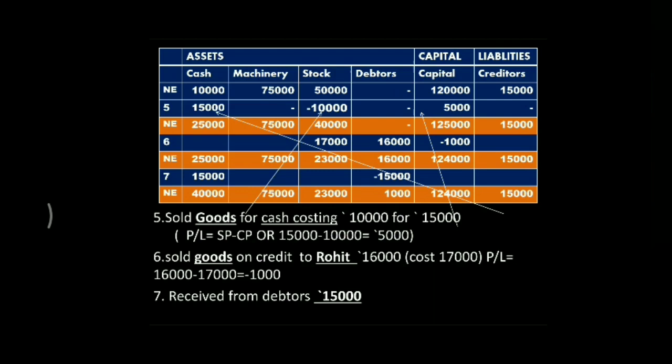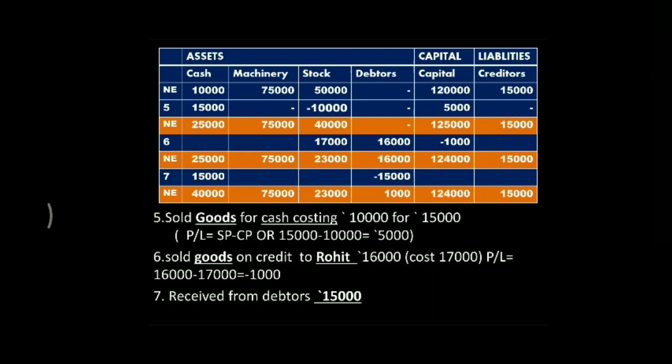Now after this transaction, cash will be 25,000, machinery 75,000, stock 40,000, capital 1,25,000 and creditors 15,000.